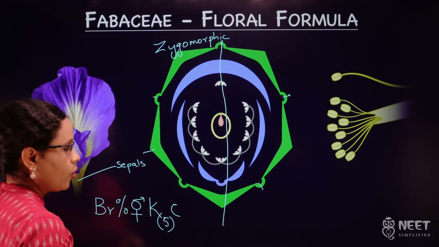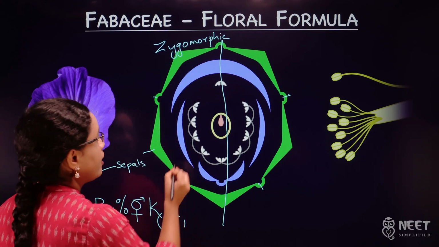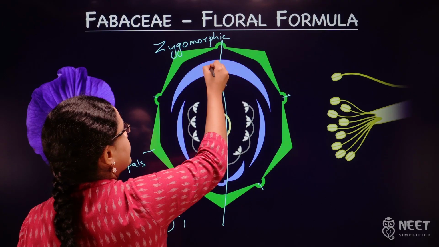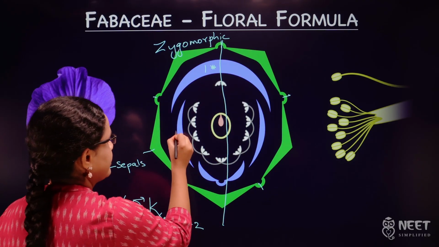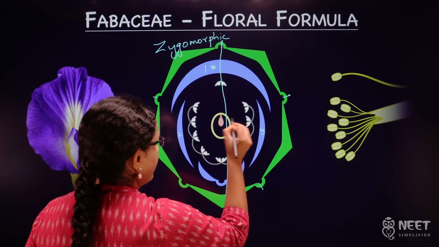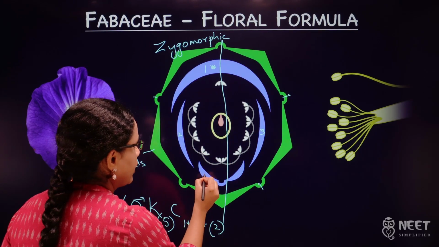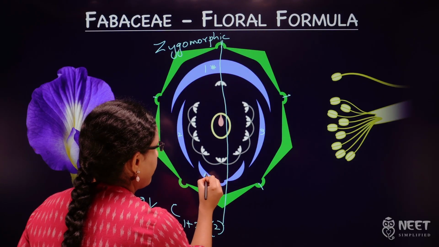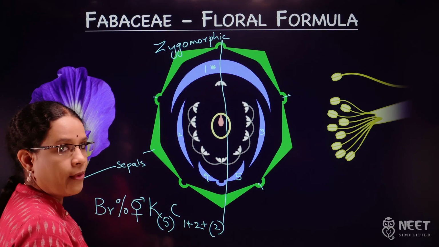And coming to the corolla, the most unique feature here, which contains one prominent vexillum, and you will see 2 wing petals. You can see them here, right? And you will also see 2 keel petals that are fused. So we are going to represent that in our brackets.